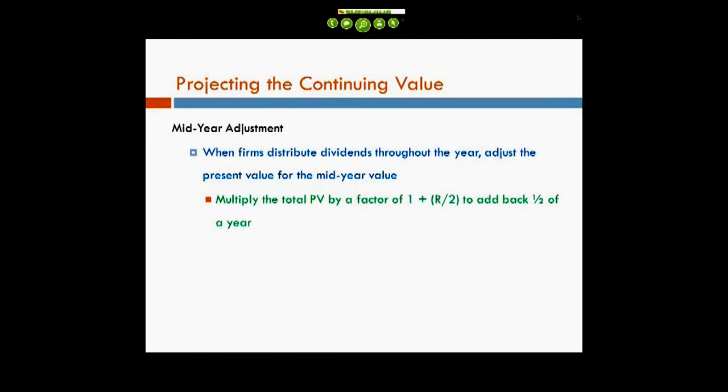You just multiply it by 1 plus 0.035. And that takes it from the beginning of the year to the middle of the year, which is more reasonable. So you have to put in a mid-year factor: 1 plus 1/2 of the required return.